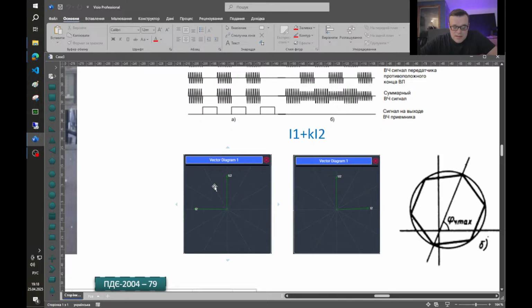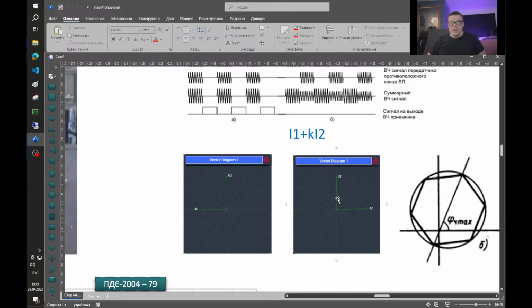This vector diagram shows the voltage, negative sequence voltage, and negative sequence current for a short circuit on the protected object. And this vector diagram shows the case with an external short circuit.